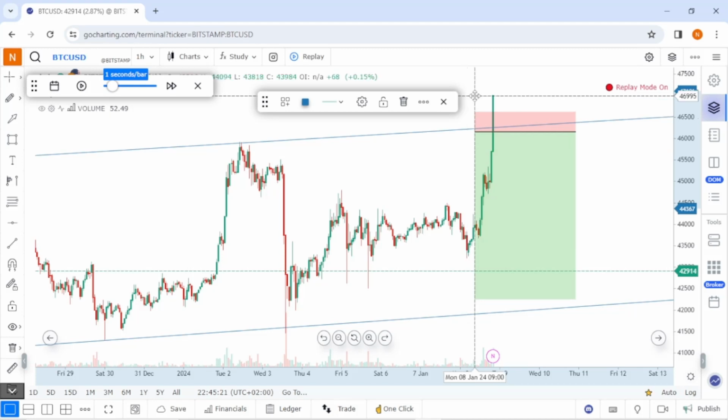Oh, it closed here. So this is where they enter, basically, now entering for a buy position. A buy position is a long position, right?